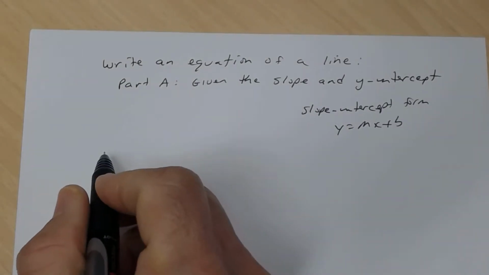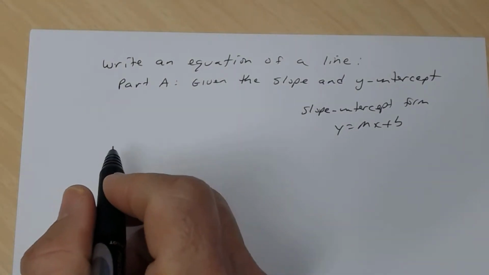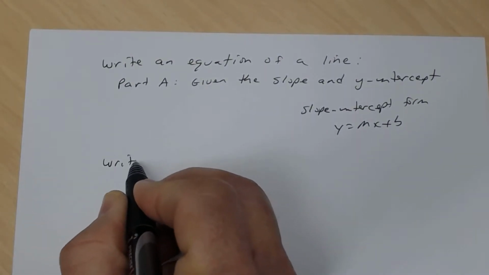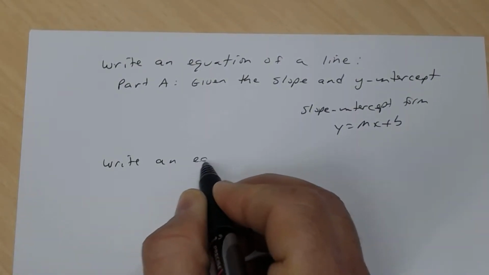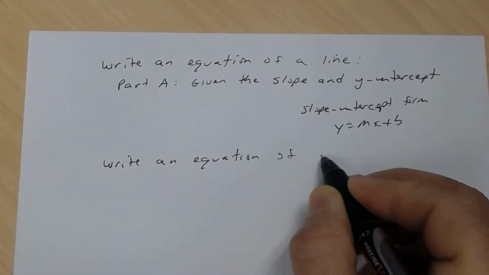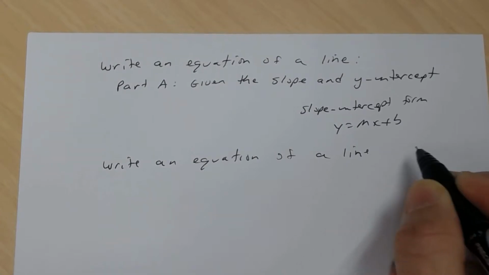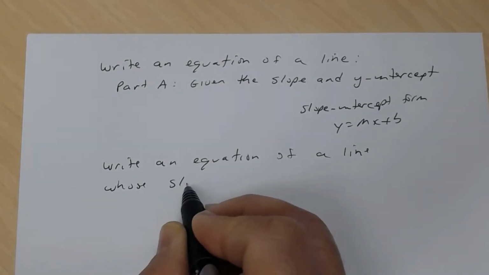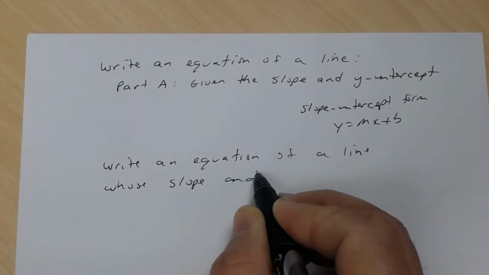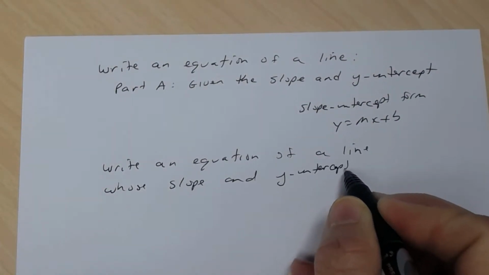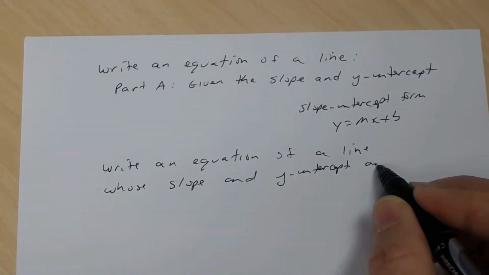So the direction is going to say, write an equation of a line whose slope and y-intercept are given.